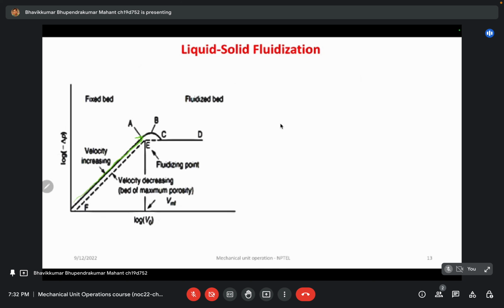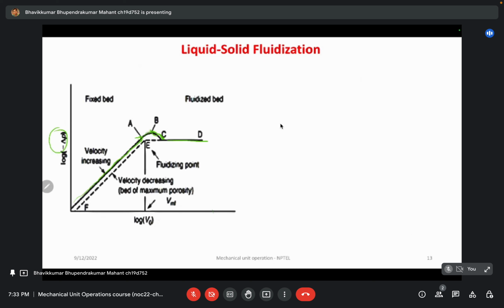You can see some curvature, because separation of the particles started at point B, and after that proper fluidization occurs, and you will not see any difference in the pressure drop. That's why you see the constant pressure drop line after that. This shape occurs due to the separation of the solid particles.